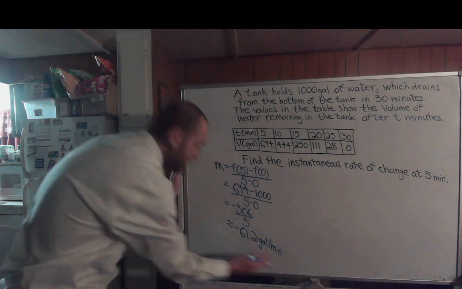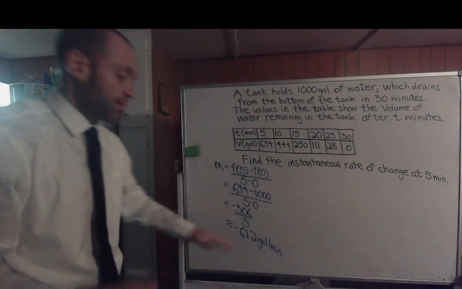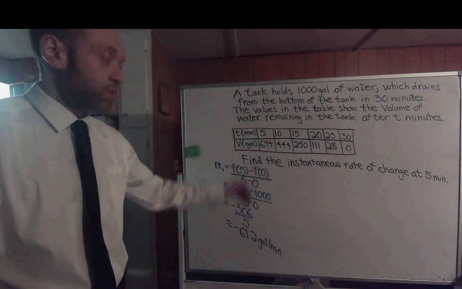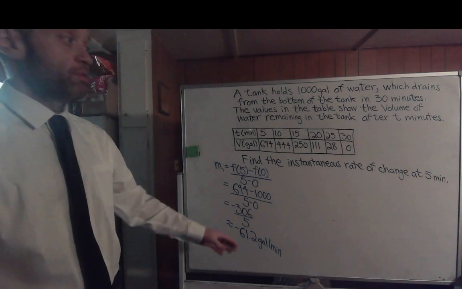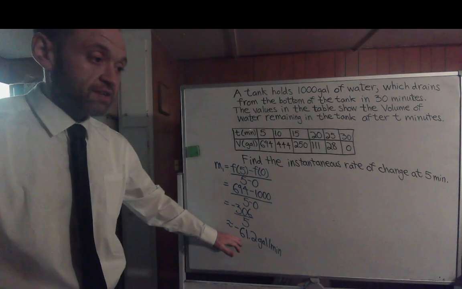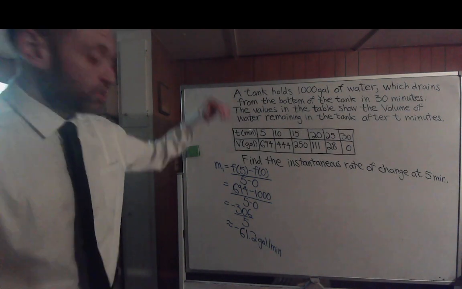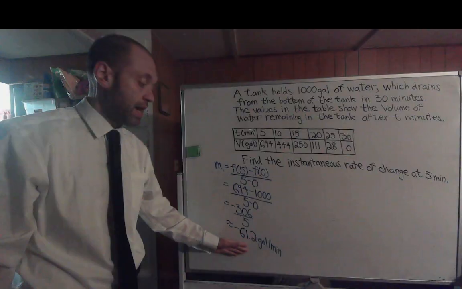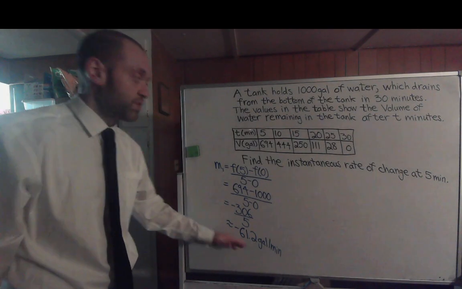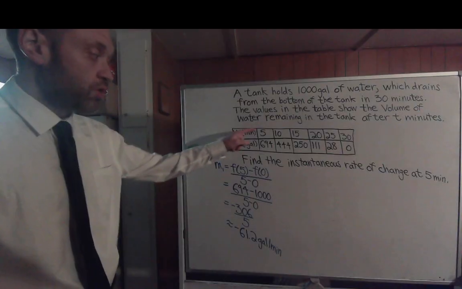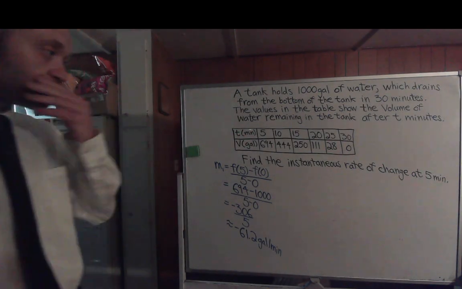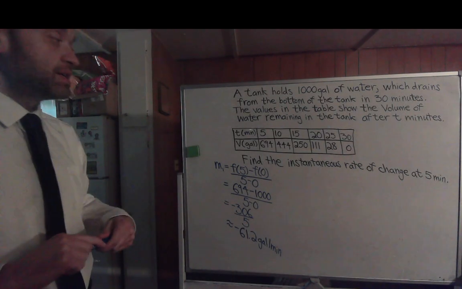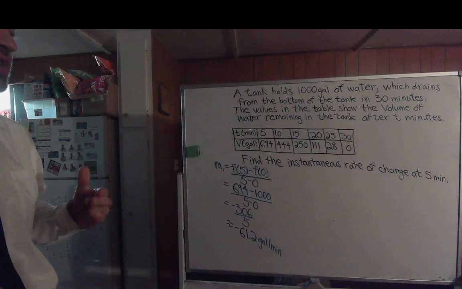And it actually makes sense that we have a negative rate, because if water's draining from the tank, you're going to be going down in gallons. If we were filling the tank, we'd have a positive value, but we're losing water out of the tank, so we're going to have a negative value for the average rate of change between 0 and 5 minutes.